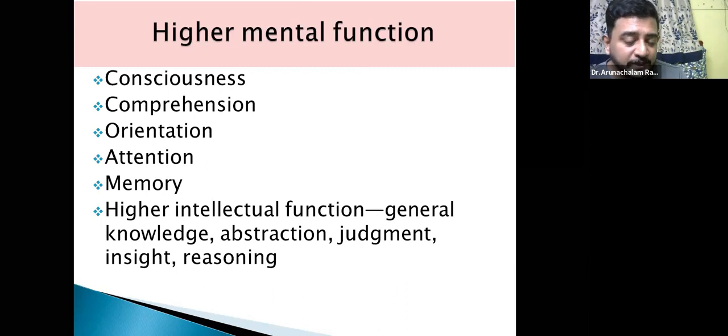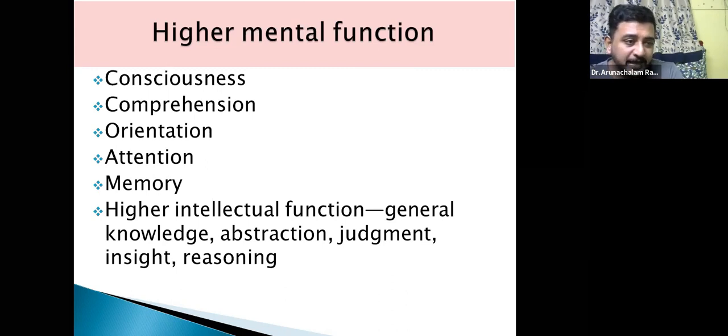So that is very essential. Memory is also a very important thing. It will give you an idea about which centers are affected, and it will also give you information about how complex the exercises can be, because of how the patient will retain that information.